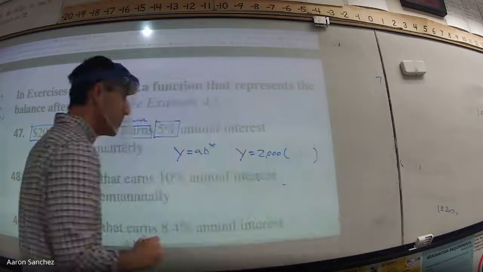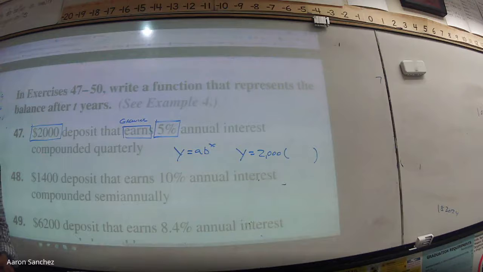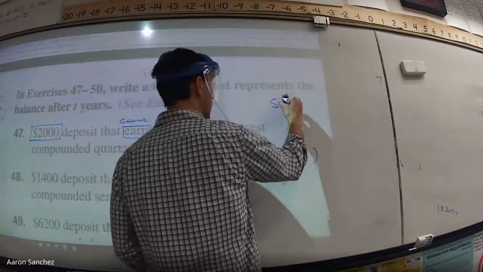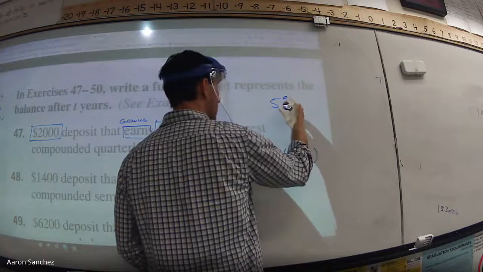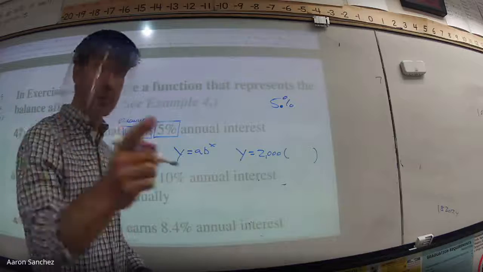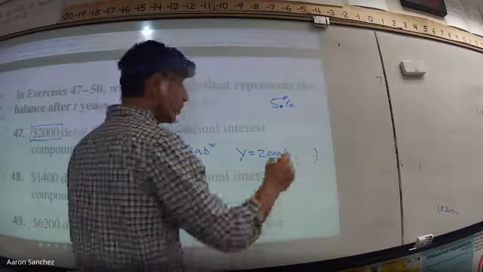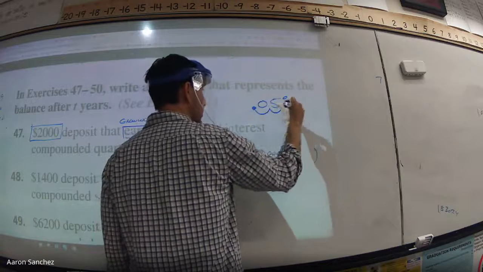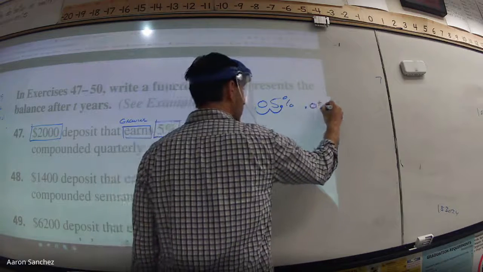So what's my b? Now this is where it gets confusing. The 5%, we have to change it to a decimal. Remember how many times do we move the decimal over? We move it over twice. Change 5%, we move the decimal over 1, 2. So it's going to be 0.05.